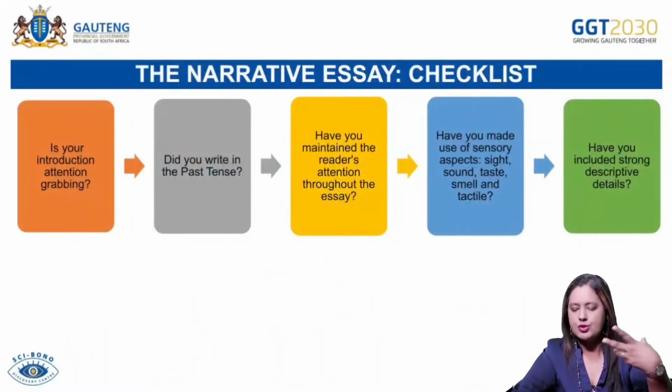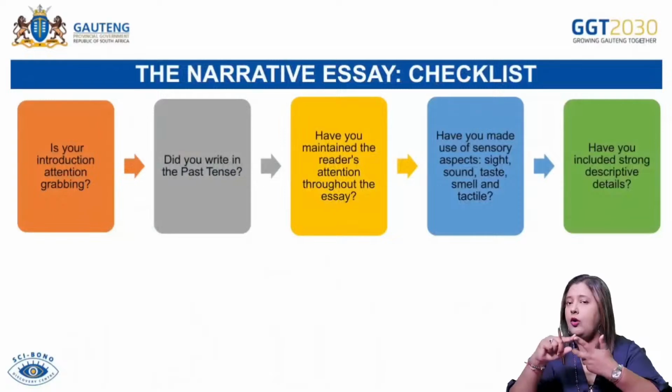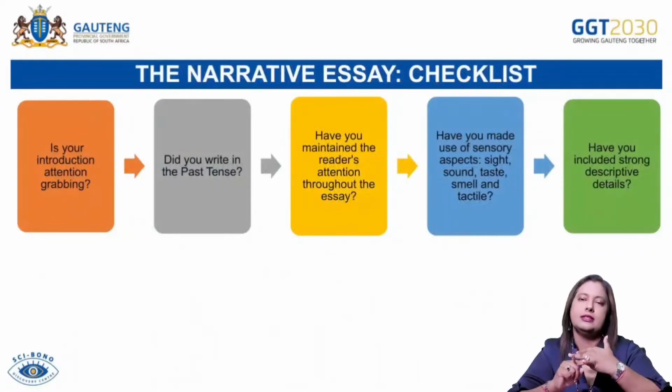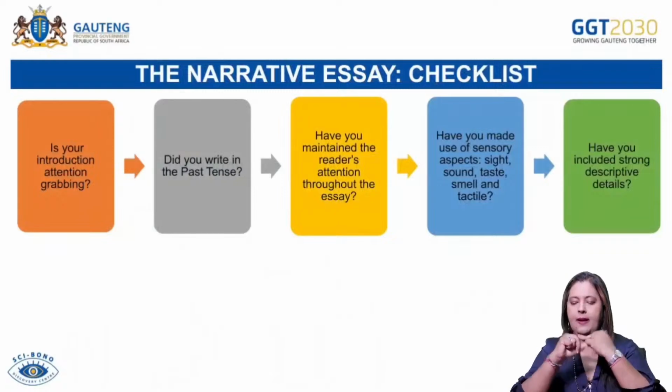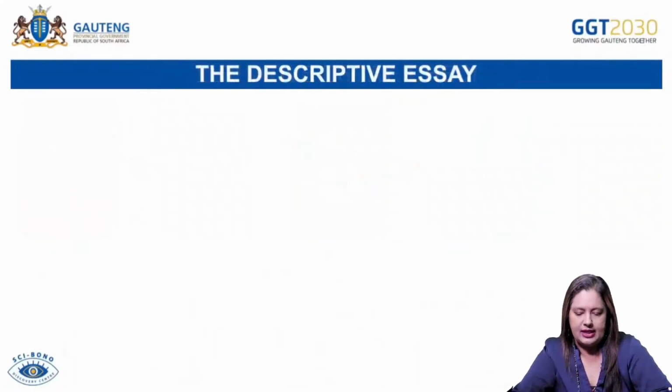And did you make use of words in the essay that attracted his or her sense of sight, of smell, of sound, of taste, and tactile? All right, that kind of thing must be engaged with when doing the narrative essay. And then, have you included a strong descriptive element?